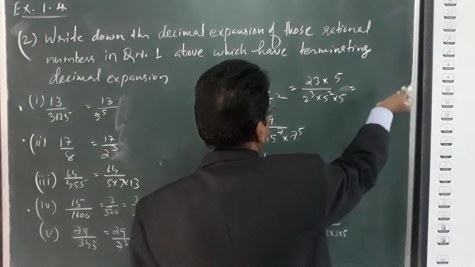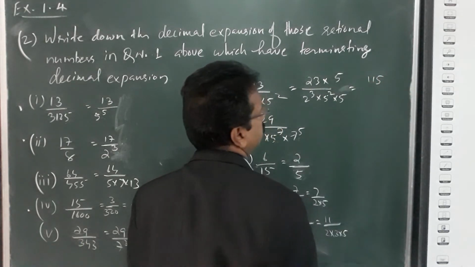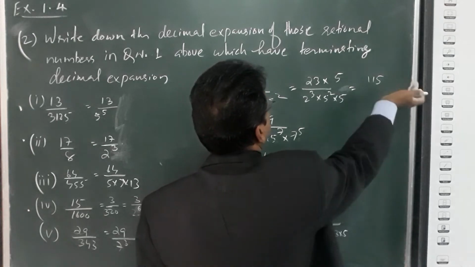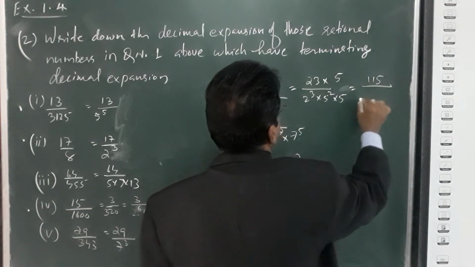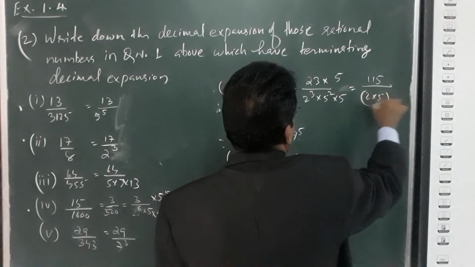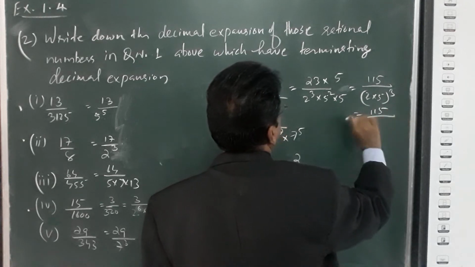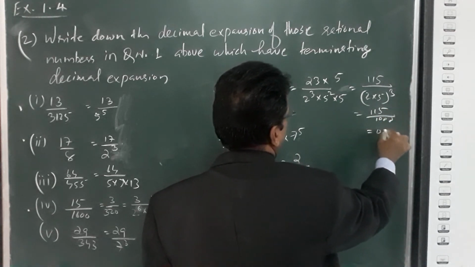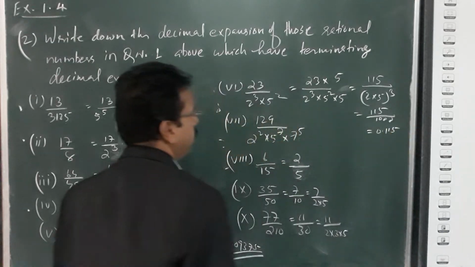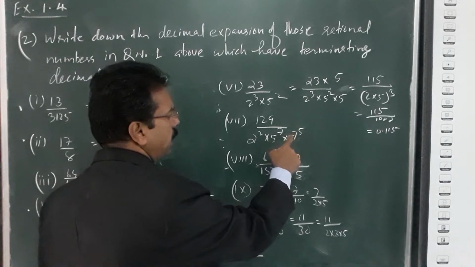Then 23 into 5 divided by (2 into 5) the whole cube is equal to 115 divided by thousand, which is 0.115.